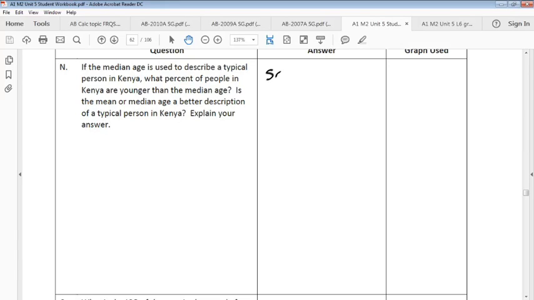The next part of the question says, is the mean or median age a better description of a typical person? And can you explain your answer?